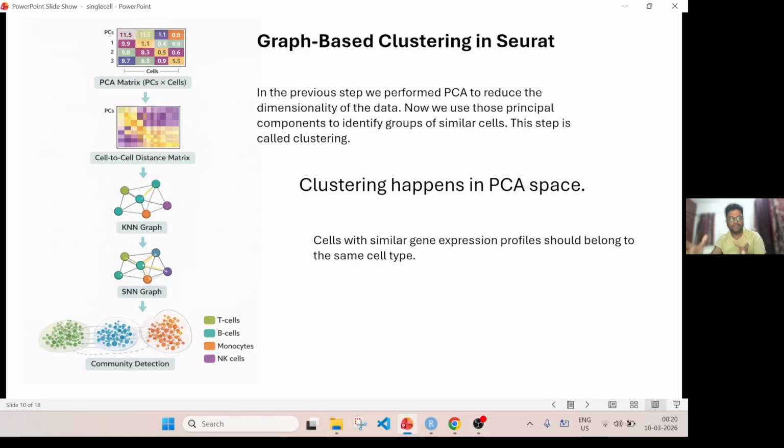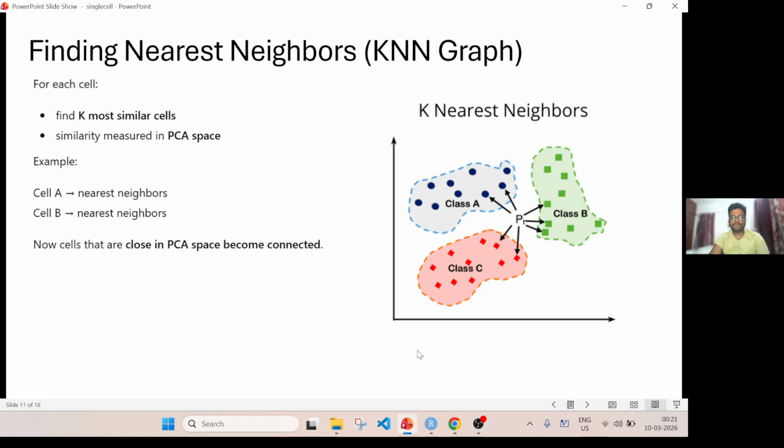Some people get confused about PCA, t-SNE, clustering and UMAP, but again, PCA is the foundation. Based on the PCA space you do the clustering, and then you go for UMAP and t-SNE for visualization. Clustering tells us that cells with a similar gene expression profile will go into one cluster.